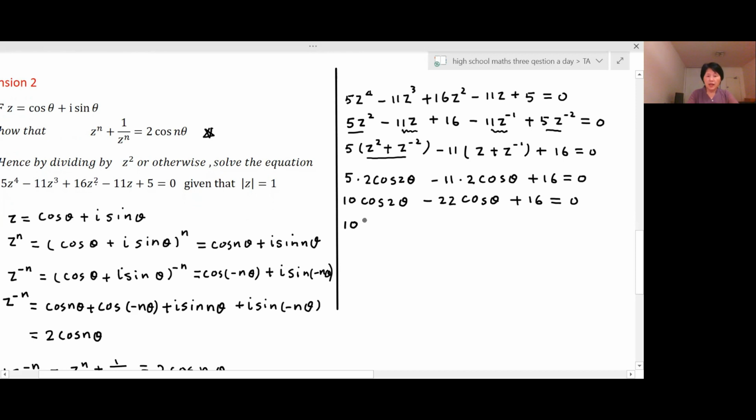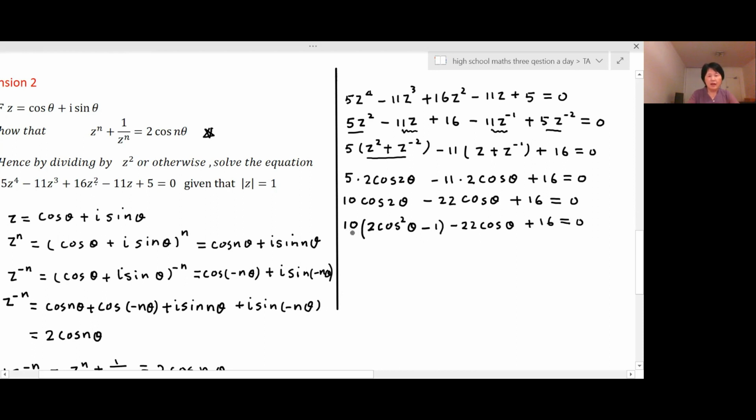Cosine 2 theta, I can use the double angle formula, will give you 2 cosine squared theta minus 1. Then minus 22 cosine theta plus the 16, then equal to 0.